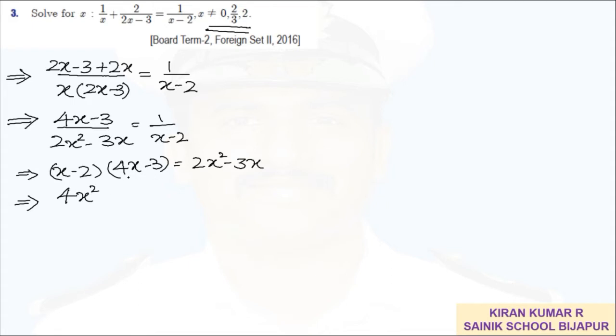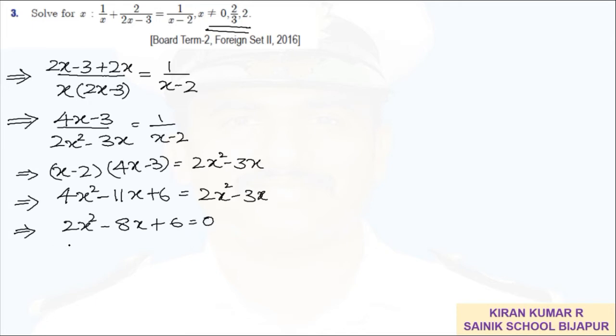One more minus 3x will be there, so minus 11x, minus 2 into minus 3 is plus 6 equal to 2x square minus 3x. Further, this will be simplified as 2x square minus 8x plus 6 equal to 0.